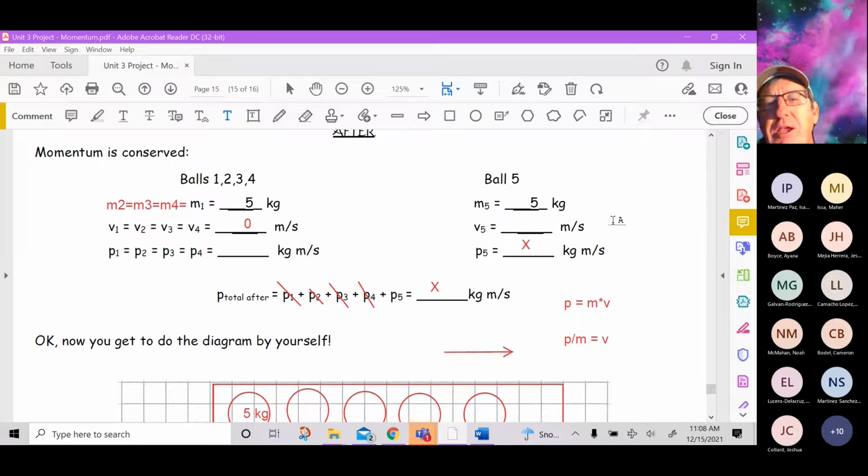Because we didn't have a perfect cradle, some of that velocity was lost. But we're trying to imagine a perfect cradle for this math. So none of the velocity was lost. So ball 5 should have the same velocity coming out of the system that ball 1 had going into the system.